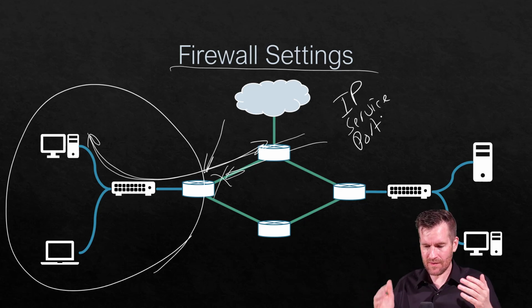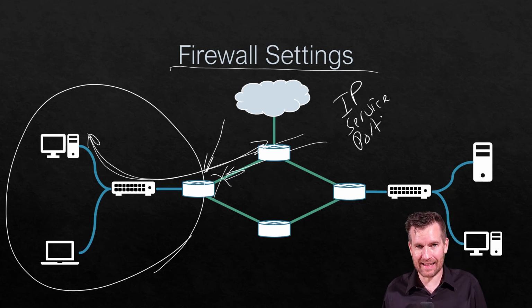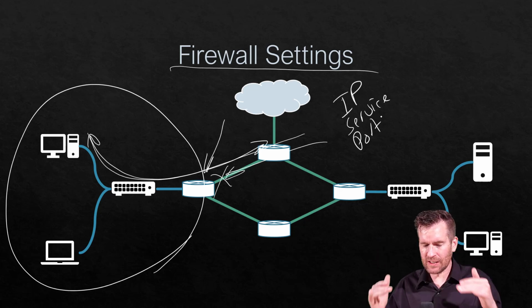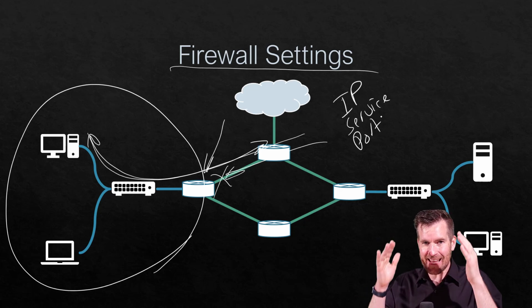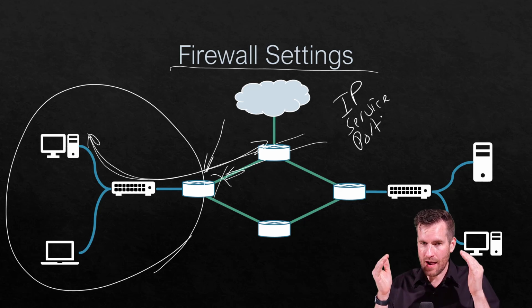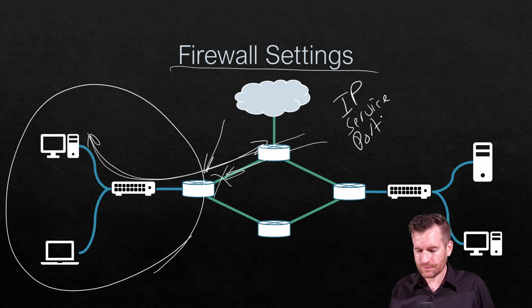There's also an implicit deny at the end of it, for security reasons. If it doesn't match any of the statements that you create, then it's going to drop the traffic. So just assume that if nothing is specified, it's going to drop the traffic, and you have to specify what is going to be able to get through on a firewall.